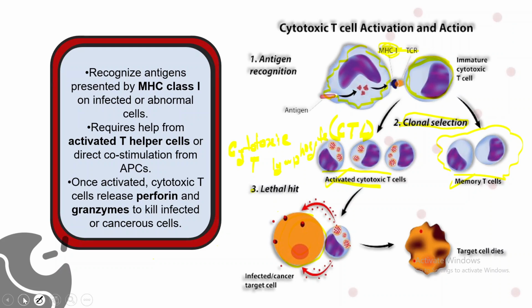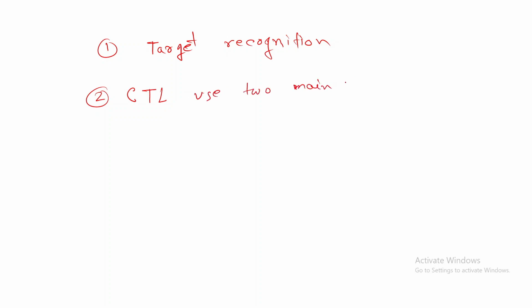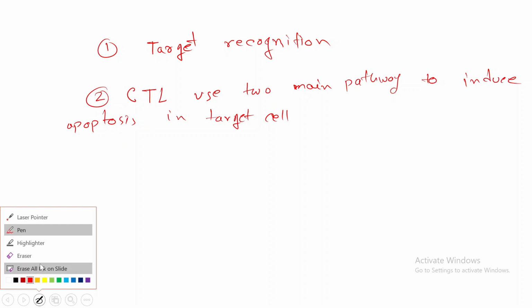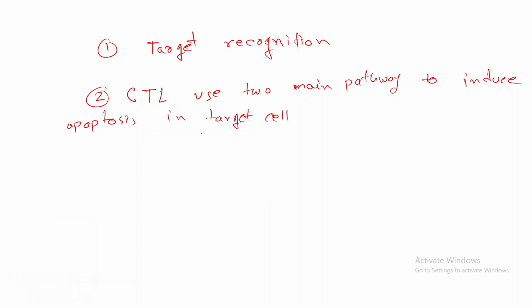So here let's see, first the target recognition, then second, this cytotoxic T lymphocyte uses two main pathways to induce apoptosis in the target cell. These two pathways are basically the perforin and granzyme pathway.